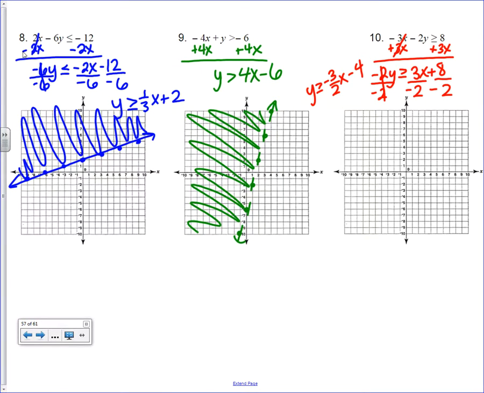Hopefully, you're getting negative 3 over 2 for your slope. And hopefully, you're getting minus 4 for your y-intercept.